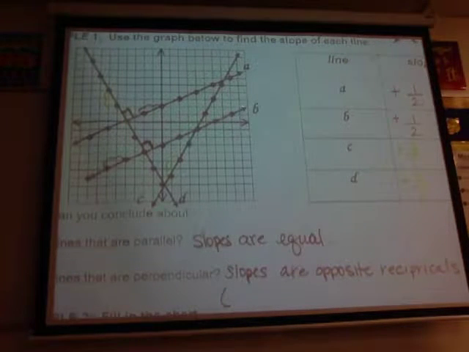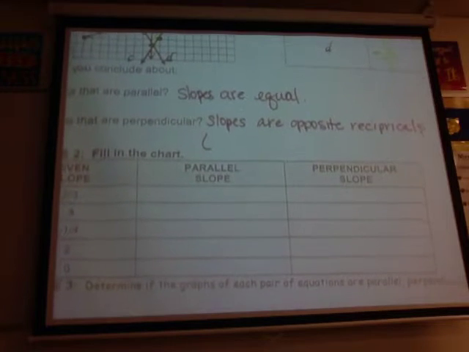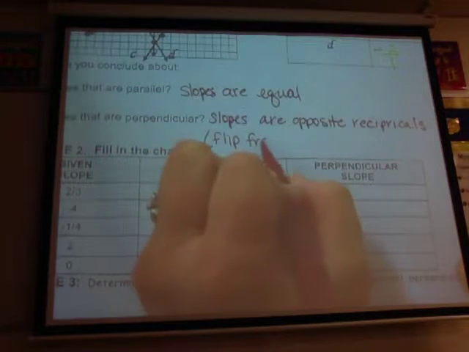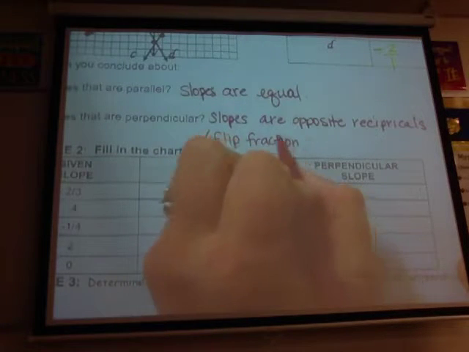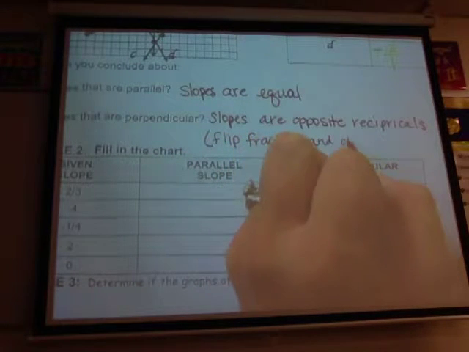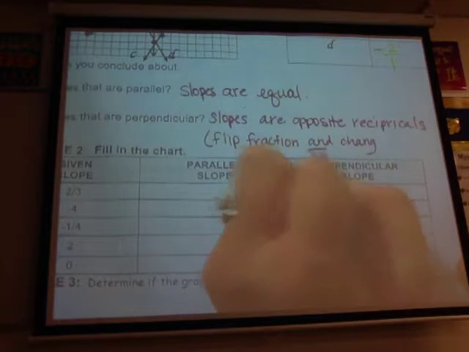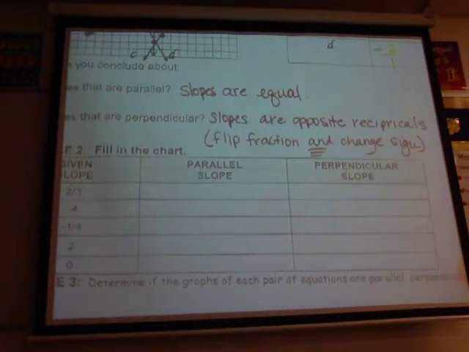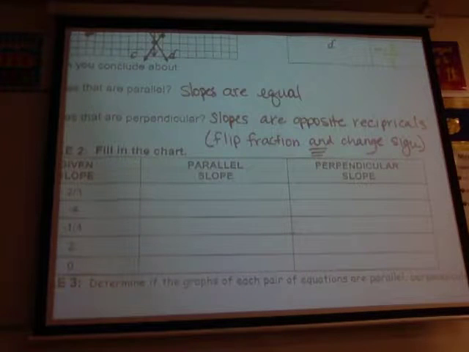Now all that is a fancy way to say you flip your fraction and change your sign. That's just a fancy way to say it.